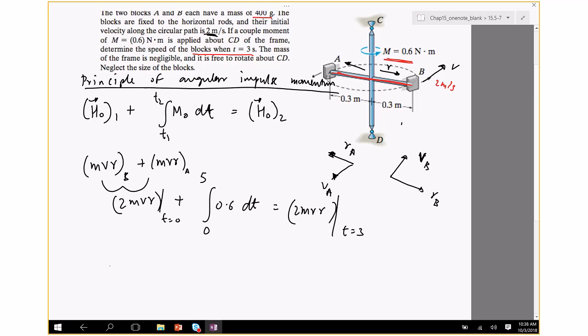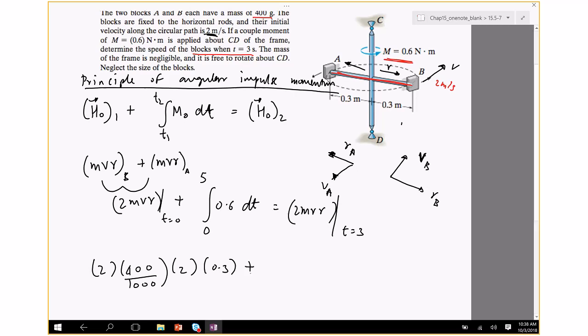Okay, so 2 times mass, which is 400 grams. Velocity is 2. The radius is 0.3, plus. Since the torque is constant, simply 0.6 times the time difference, 5 minus 0.